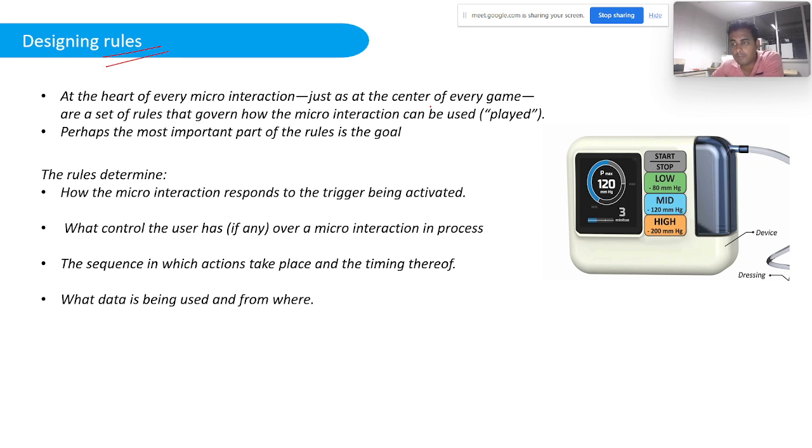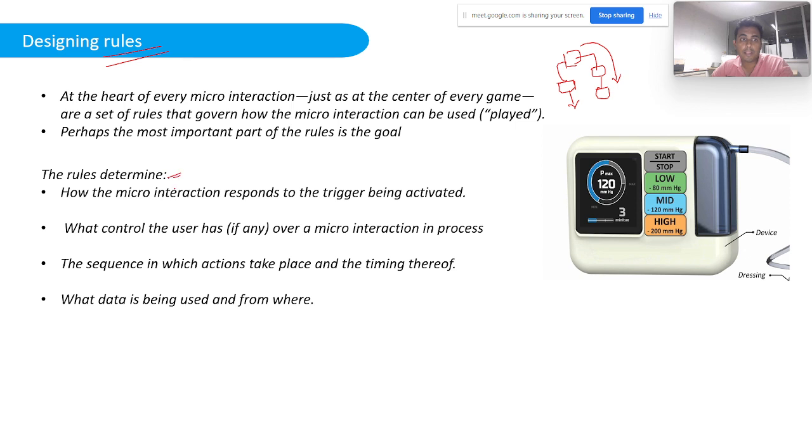For any system design there are rules for how a user will interact: is it a sequential or a parallel action? These rules define how you will interact and how the machine or the system will perform. So this is what rules define.